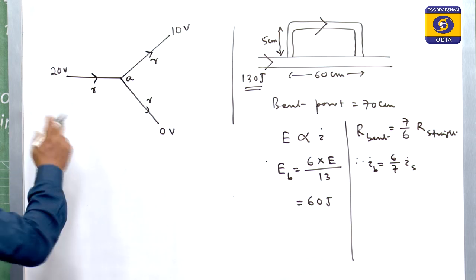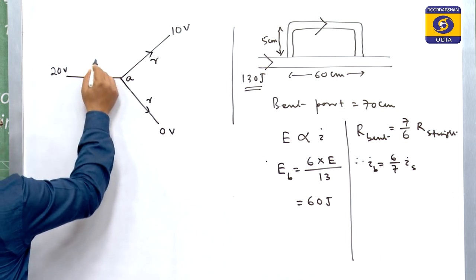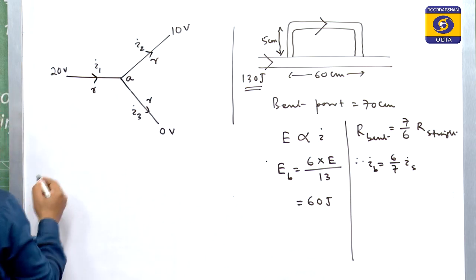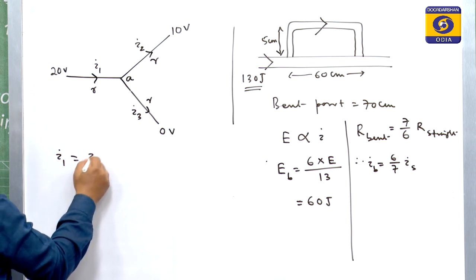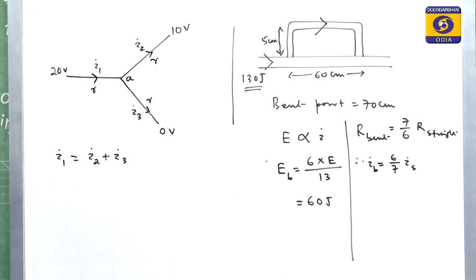So, using my Kirchhoff's first law, what we get is, if this is my current I1, this is current I2, this is current I3, then I1 will be equal to I2 plus I3. So, what is I1?